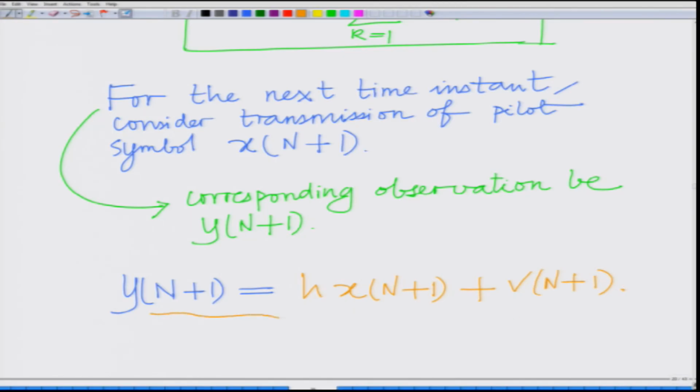So, this is the model for the next time instant n plus 1.